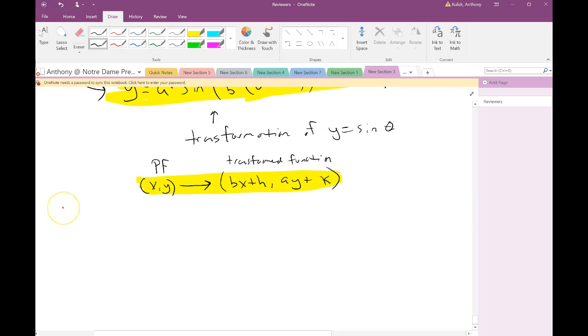Are you guys ready for this? So if you're asked to do something like this, graph 2 sine x, or y equals 2 sine x, from negative 2 pi to positive 2 pi.